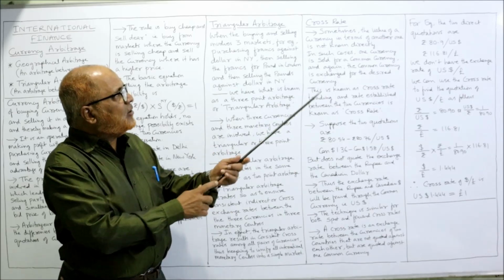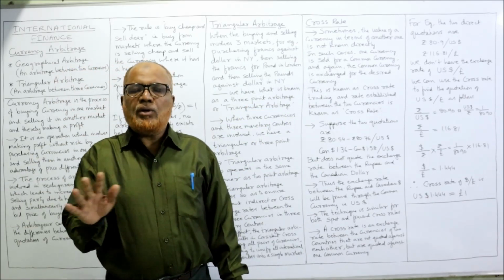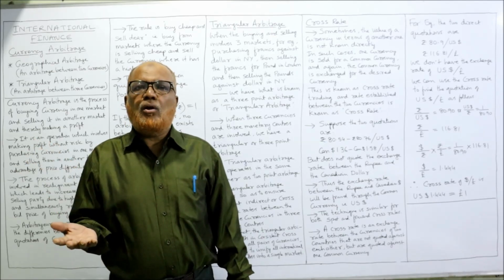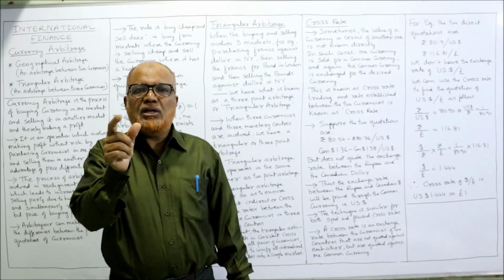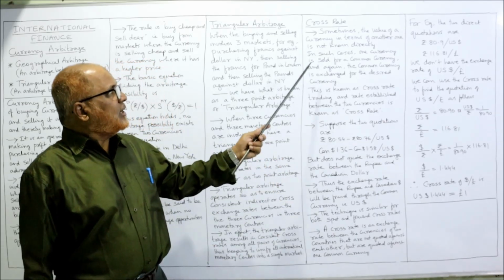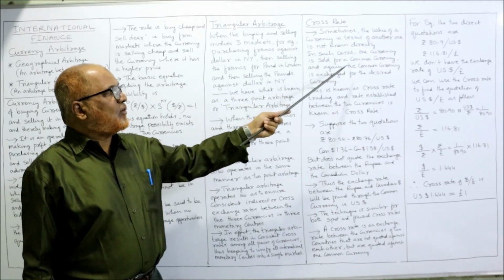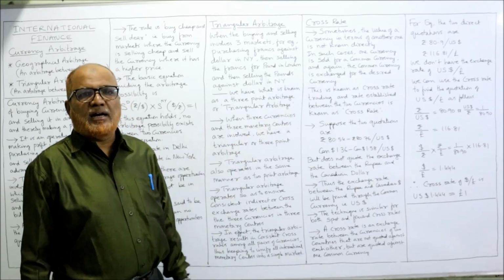So sometimes the value of a currency in terms of another is not known directly. All the quotations for all the currencies are not available. There are many situations where a quotation is not available for two currencies. In such cases, one currency is sold for a common currency, and again the common currency is exchanged for the desired currency.